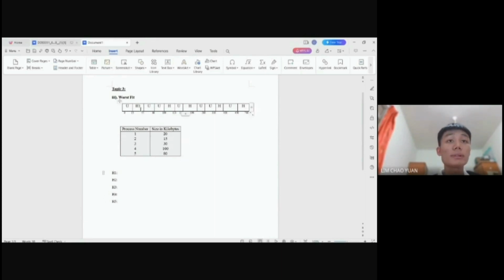The h1 value is 55. With the 55, we must minus this number so we can get the limit for h1. We minus 15, so we get 40.